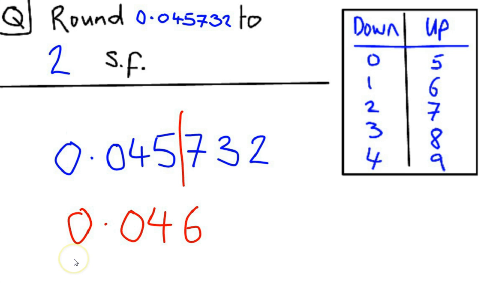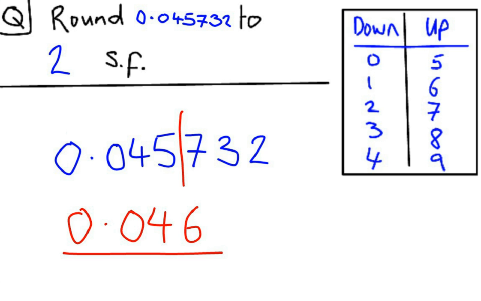And you can see our answer has, as asked in the question, two significant figures. It doesn't matter about any other numbers that come after the 7. These could go on and on and on. If we're looking to round to two significant figures, we're only interested in looking at the third significant figure to make the decision as to whether or not this 5 goes up or stays as it is.